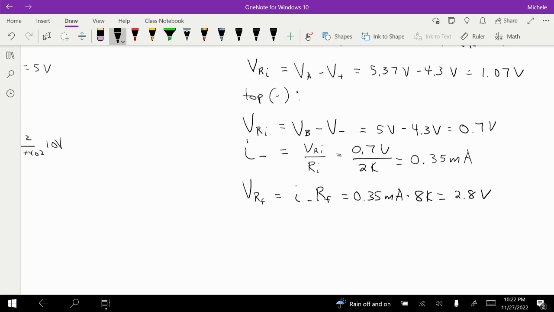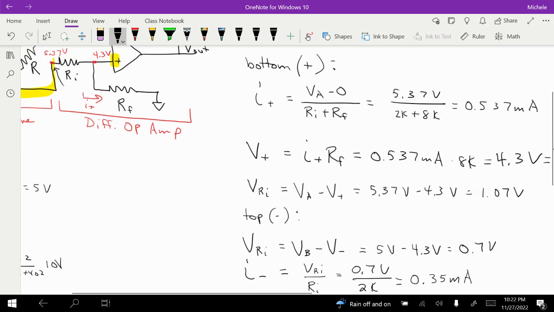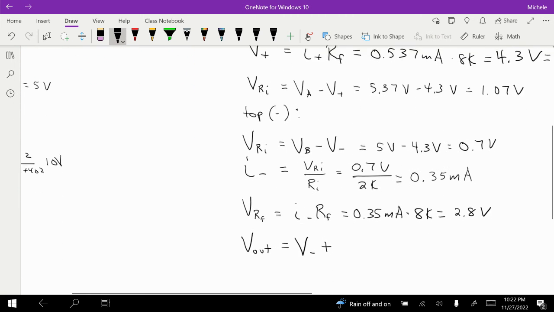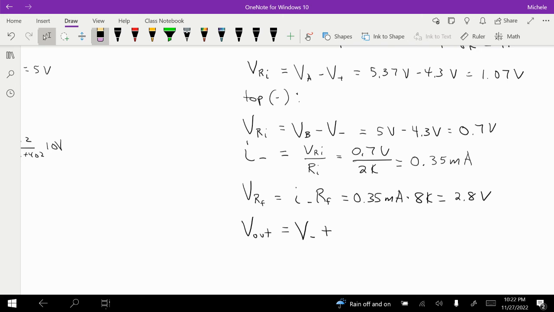And so now V out is going to equal V minus, plus, is that right? No, it's minus VRF.